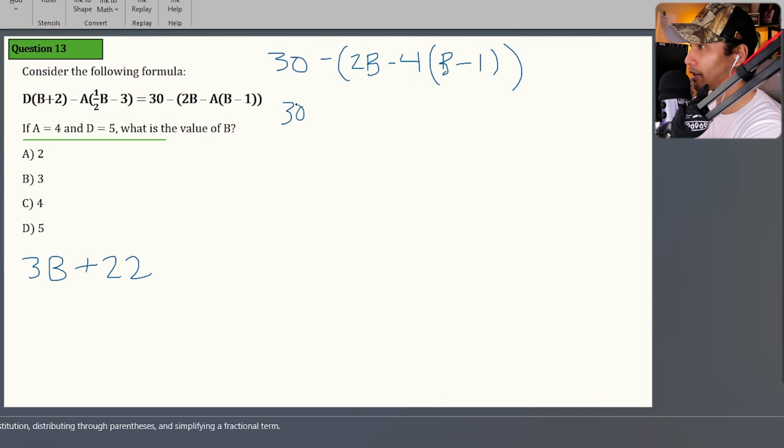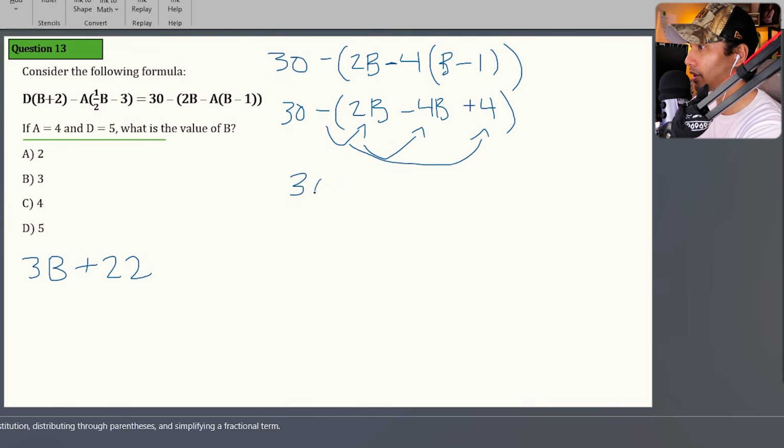So 30 minus 2b, and then I'm just gonna take this negative with me. So negative 4b, and then negative 4 times negative 1 is plus 4. Okay. And then we distribute the negative here.